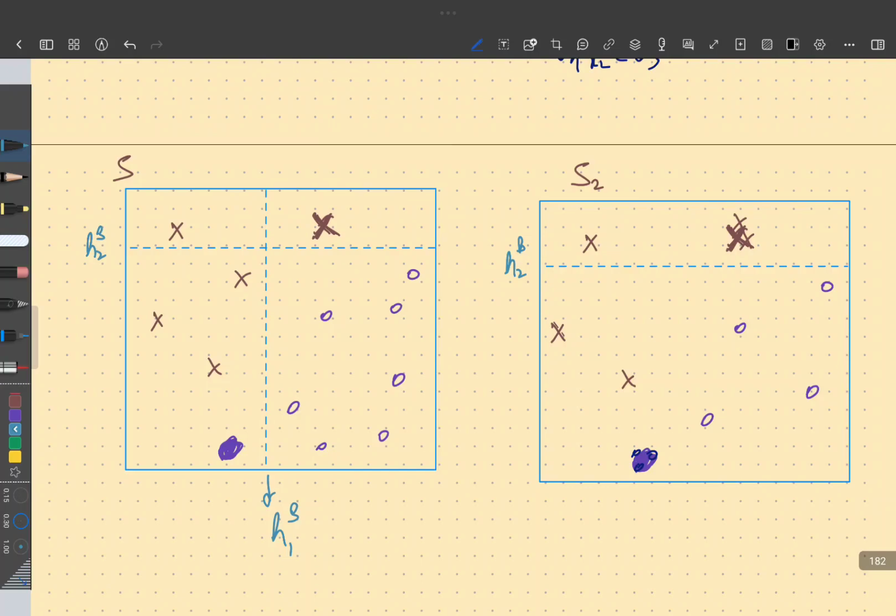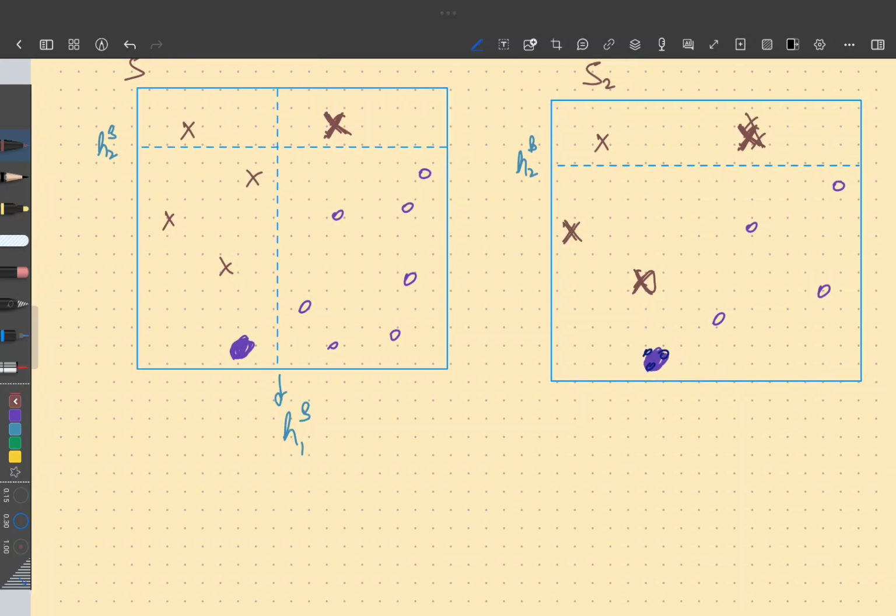Okay, so now let's look at what H2B did. It misclassified some of the points. To be precise, it misclassified this point and this point. So now you tweak the distribution so that these points are sampled with a higher probability, but at the same time you reduce the weightage to these points because they were classified correctly.